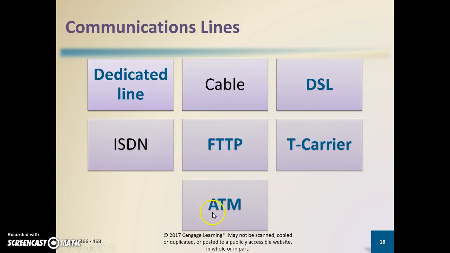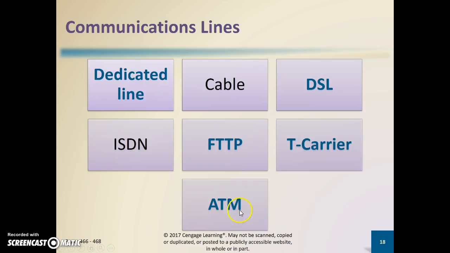And ATM, not to be associated with your bank ATM. This stands for asynchronous transfer mode, and this is probably going to become more and more popular, and it is broadband and a very high speed.